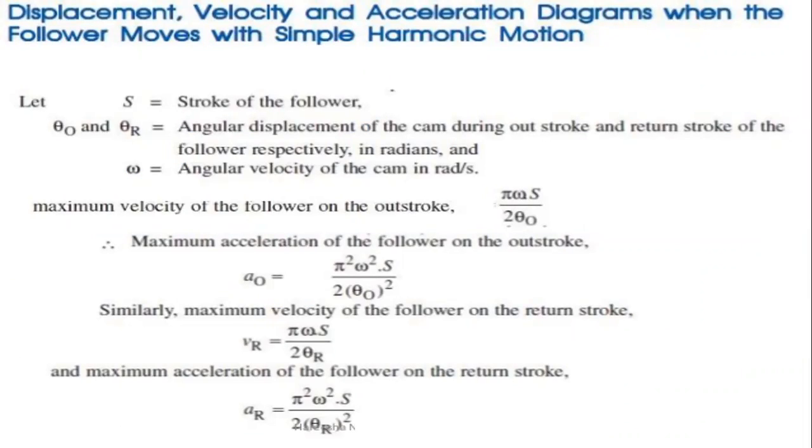So the next one is the same, that is for the simple harmonic motion only. S is the stroke of the follower, theta O and theta R are the outstroke and return stroke angles, and omega is the angular velocity of the cam in radians.